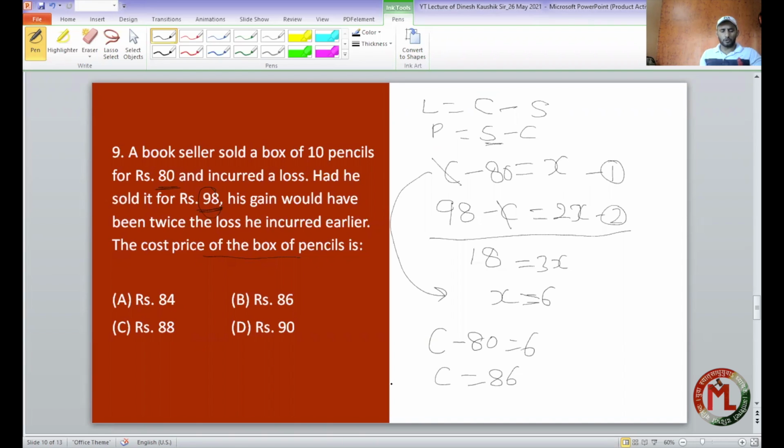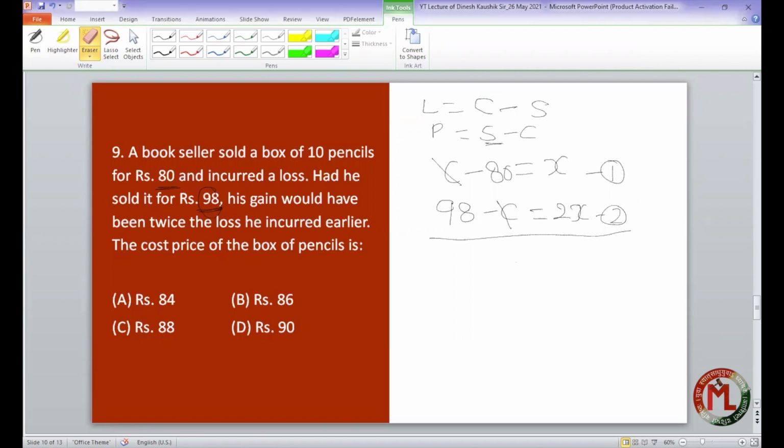Fine. So most of the students will be solving this question in this manner only. But I will give you a shortcut for this question. In the first case, when he was selling at 80 rupees, there was a loss. And when he is selling at 98 rupees, he is making a profit.